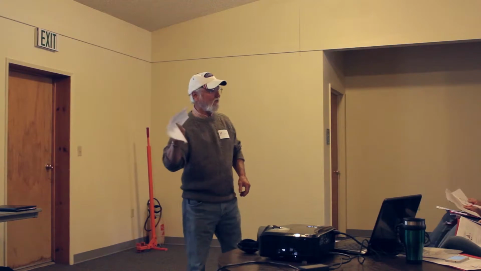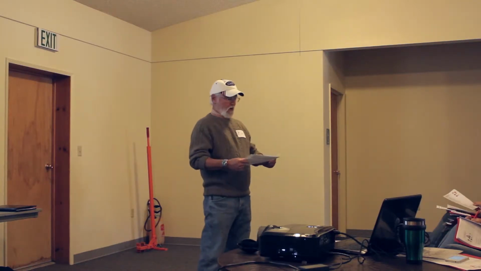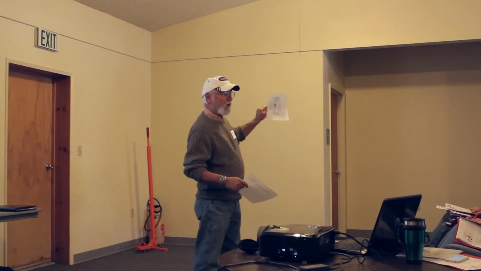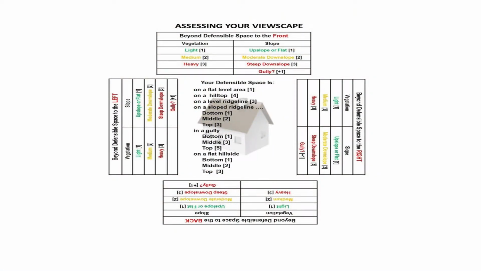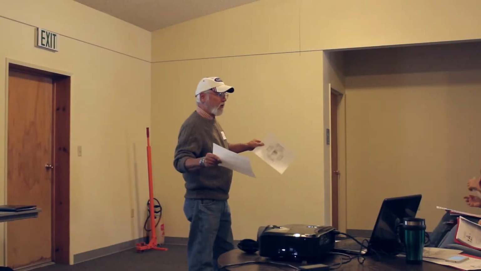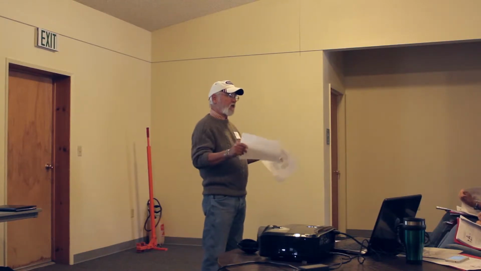I'm going to talk about the wildfire hazard assessment. You go out in your yard, look around, and ask, okay, what's my hazard? This form shows the front, right, back, and left of your house. I stood in front of my house, which faces east, and looked at it.